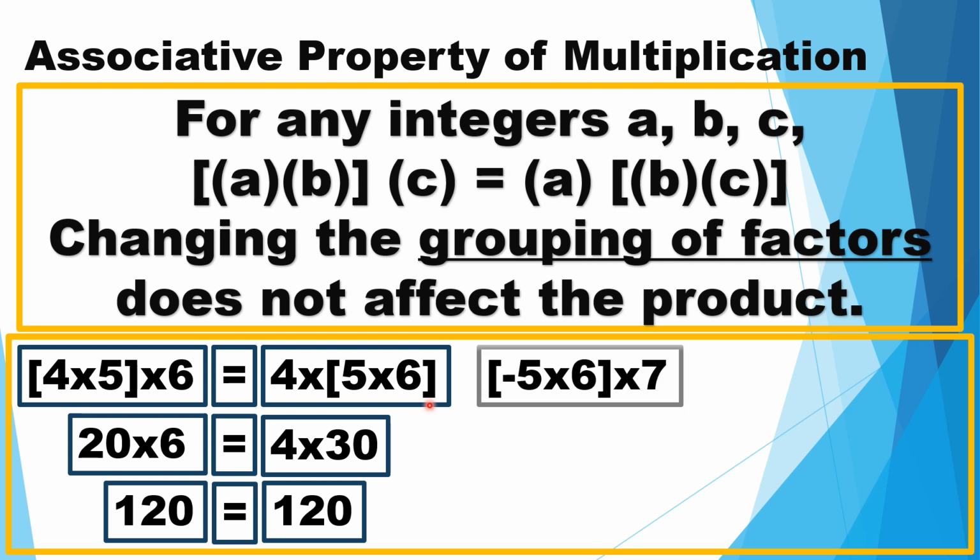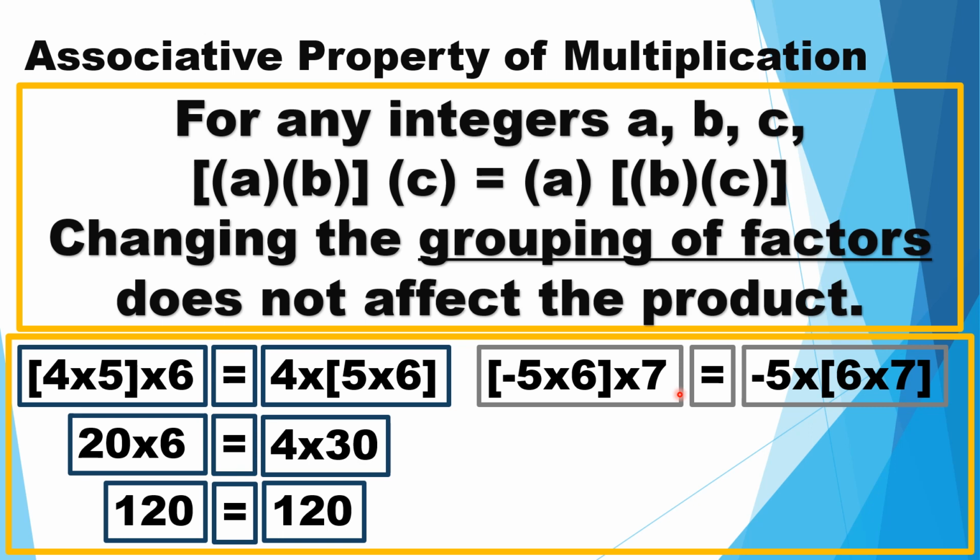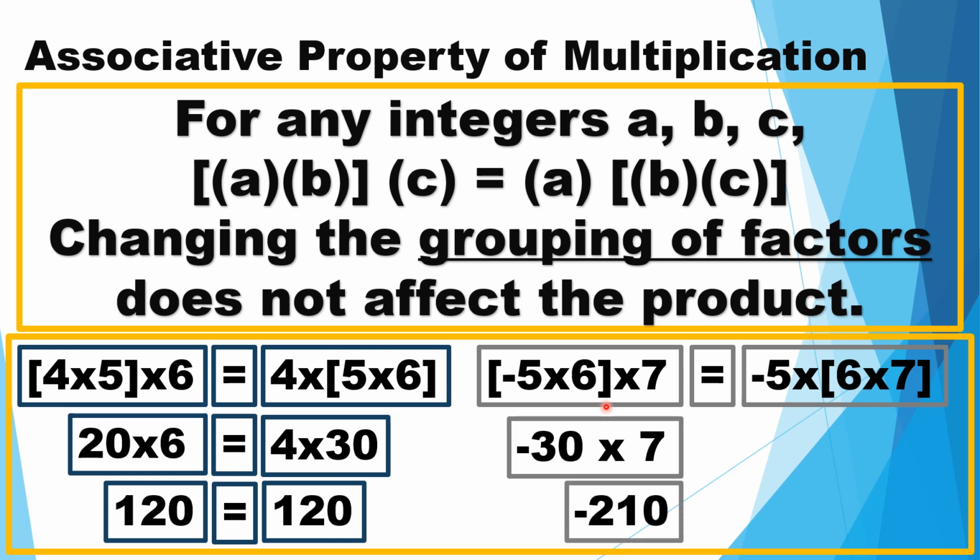Next example. The quantity of negative 5 times 6 times 7 is equal to negative 5 times the quantity of 6 times 7. Negative 5 times 6 is equal to negative 30, times 7 is equal to negative 210.